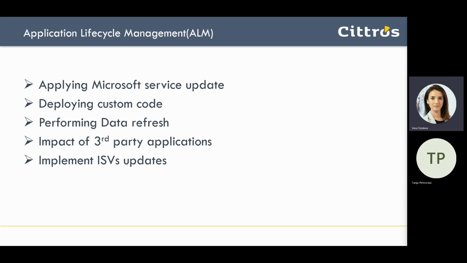And as a last point here, I will mention implementing ISV's updates. If you have any installed as additional vertical solutions in your AX or FO application, you will need to keep them up to date as well.